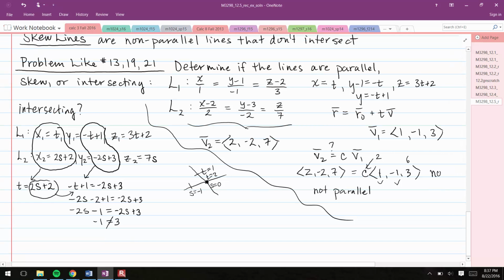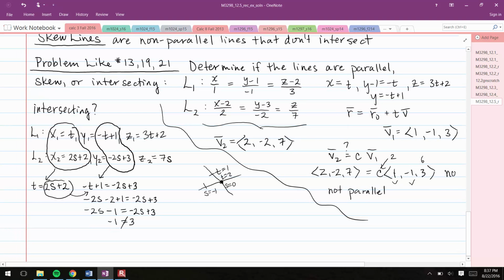No. So here we weren't able to reconcile these two solving for s. So what that means is that this isn't a consistent system, and there's no solution.